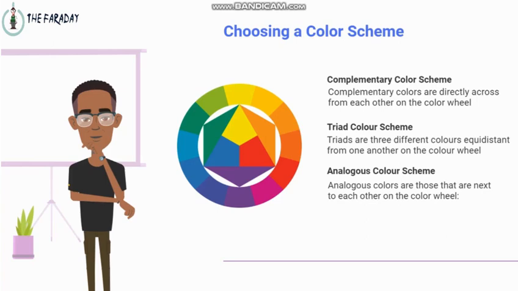So you could look at it using a triangle. Again, in the center, yellow and the darker blue, and the red would be our color combination if we choose to use that option. And then we have analogous color schemes, which are colors that are next to one another.